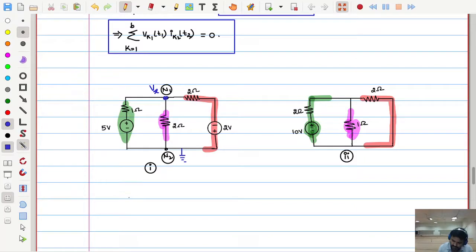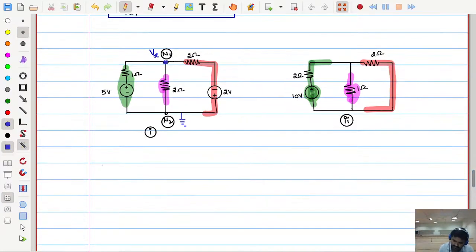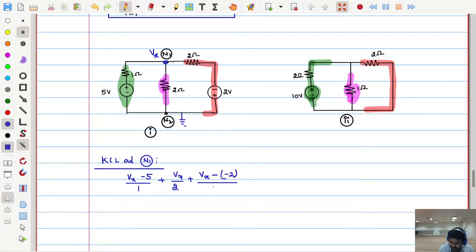Now tell me, by using KCL, if I write KCL at node N1, what will I get? (Vx minus 5) divided by 1 plus Vx by 2 plus (Vx minus (minus 2)) divided by 2 is equal to 0.